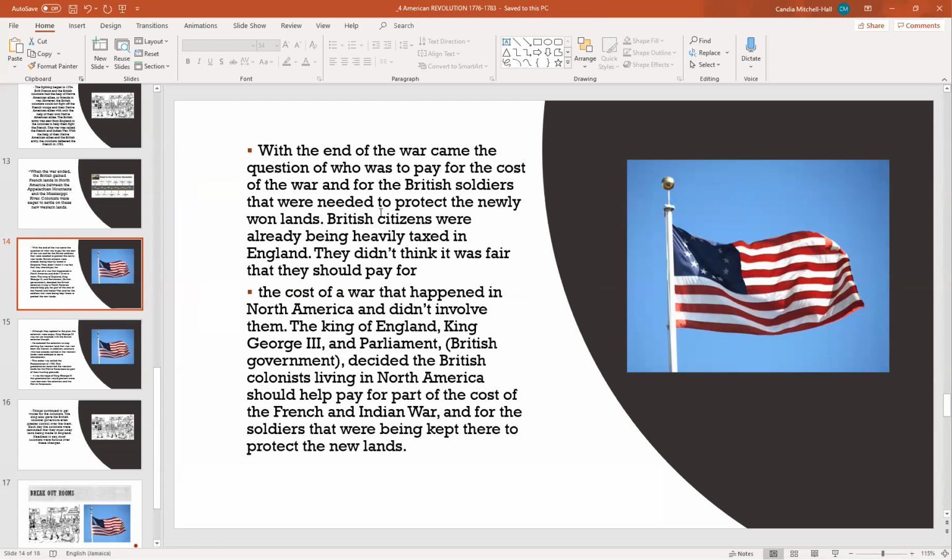They didn't think it was fair that they should pay for the cost of a war that happened in North America and didn't involve them. The King of England, King George III, and Parliament, the British government, decided that British colonists living in North America should help pay for part of the cost of the French and Indian War and for the soldiers being kept there to protect the new lands.